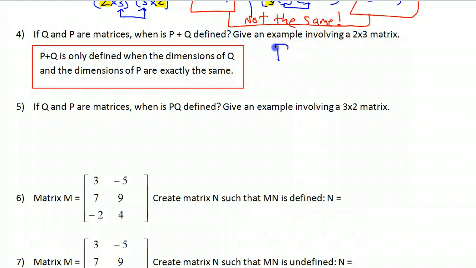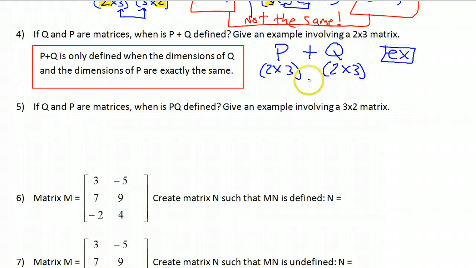For example, if matrix P is a 2 by 3 matrix, I can add with matrix Q only if matrix Q is also a 2 by 3 matrix. This is just one example. The dimensions have to be the same. Notice it's not about the inner dimensions or anything like that. That's just for multiplication. For addition and subtraction, 2 by 3, 2 by 3. They have to be the same shape.